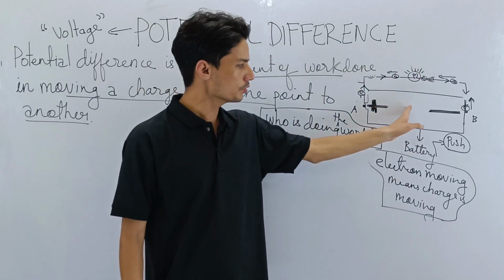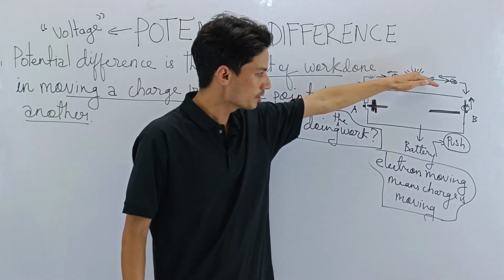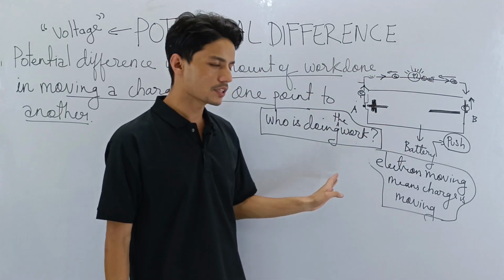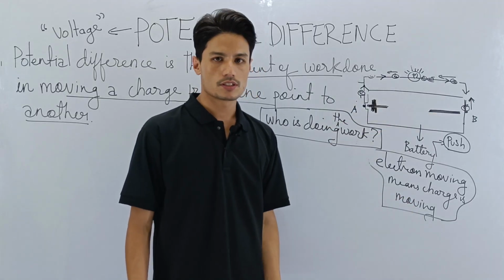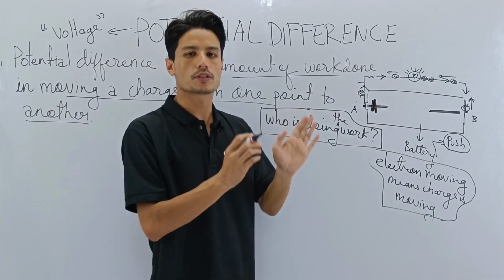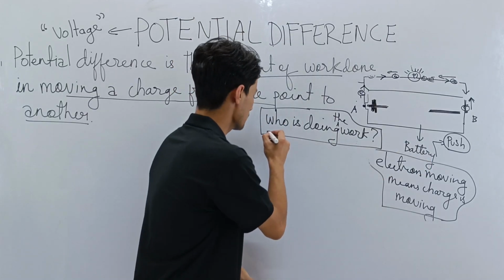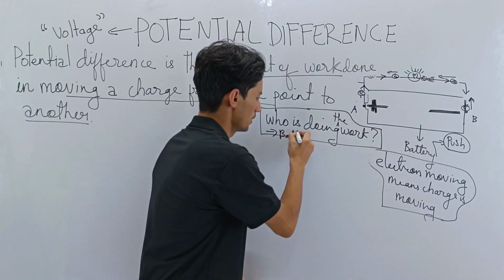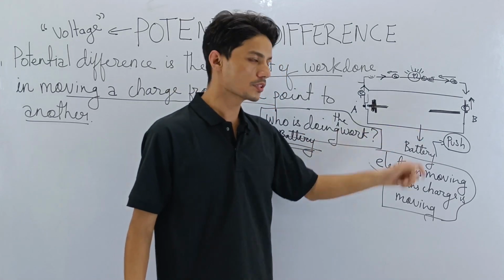Is it not the battery who is doing the work? Yes, it is the battery. I've already shown earlier, if I remove the battery, only the wire will be left with the free electrons, and without any push, without any force, they will not move. So who is actually doing the work? The battery is doing the work.